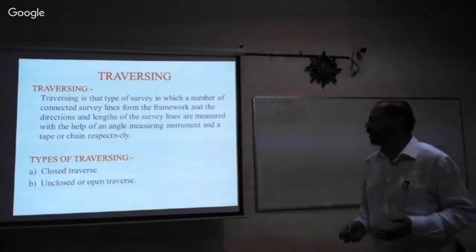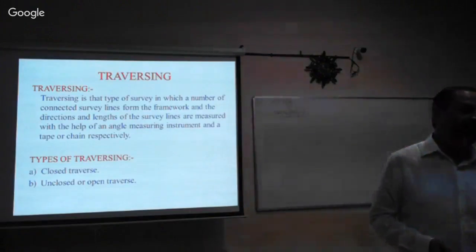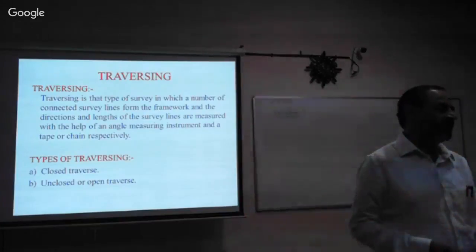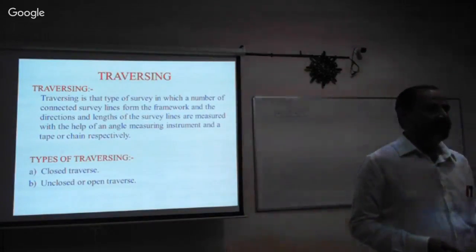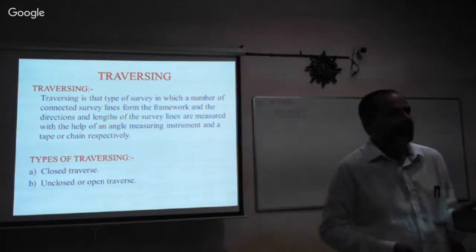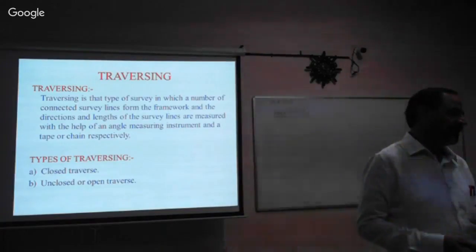And further, we have discussed traversing. Traversing is a progressive, continuous survey line carried along the boundary or along the center line. In the case of construction of a road, railway line, canals, or pipelines, we go with the open traverse, isn't it?